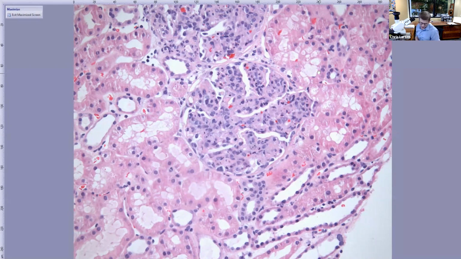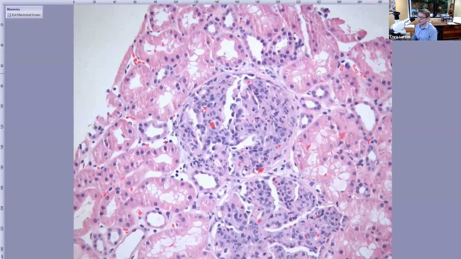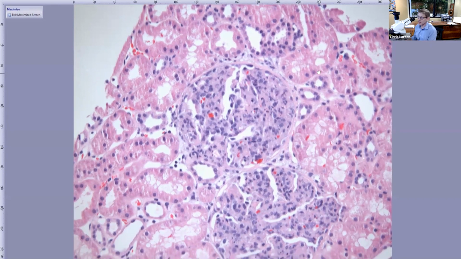The reason is we want to show the caveats that exist in renal pathology and how frequently the things that you see on the boards or the classic findings are not always the case. And so this is a case of a very classic histopathology.